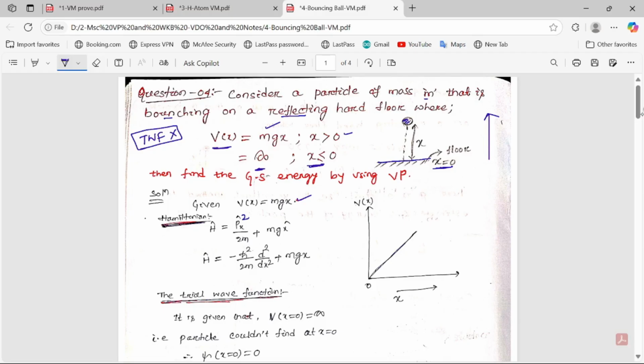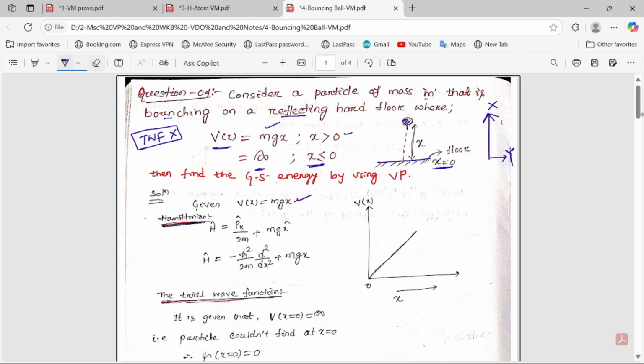It is one dimensional dynamics along only the x-axis, so I consider this side as the x-axis and this side as the y-axis. Here px cap is nothing but minus i h cut del by del x. So px square by 2m will be equal to minus h cut square by 2m d square by dx square, right? And the potential energy is already given in the question, which is mgx.